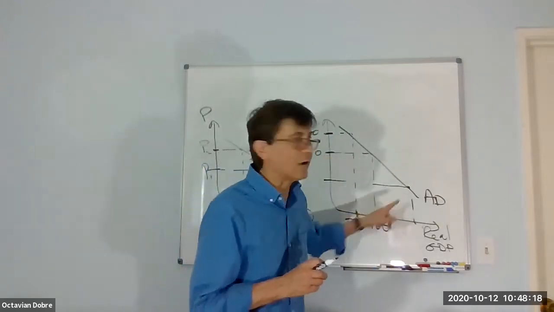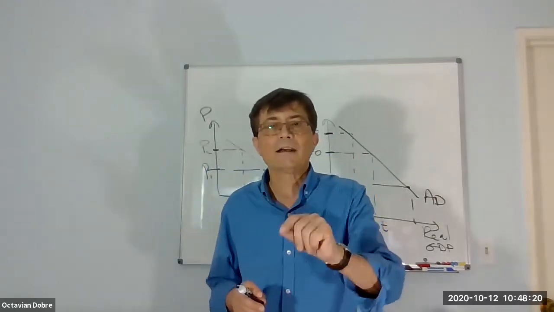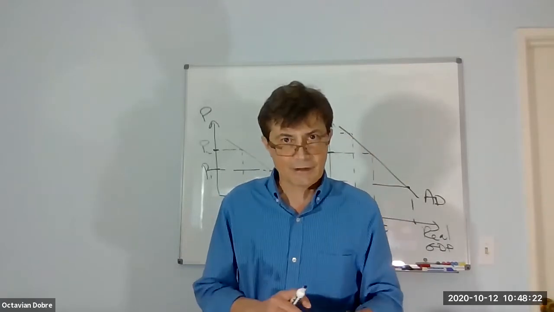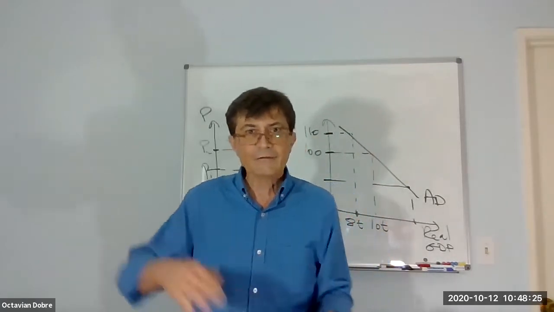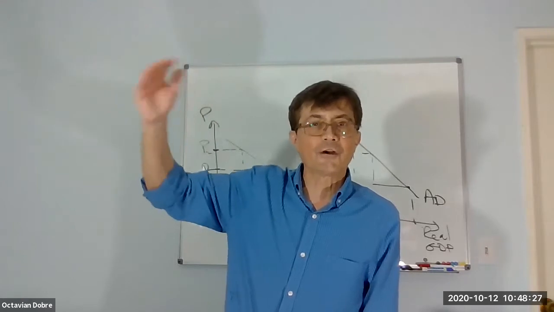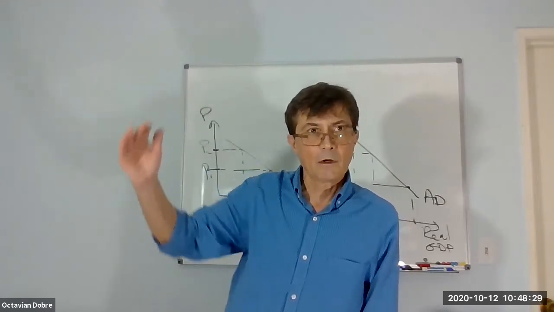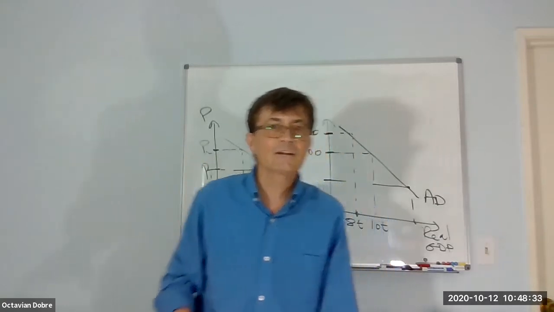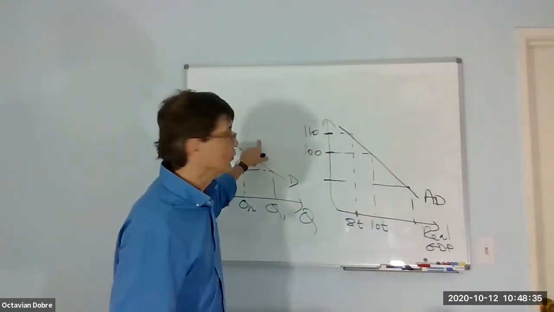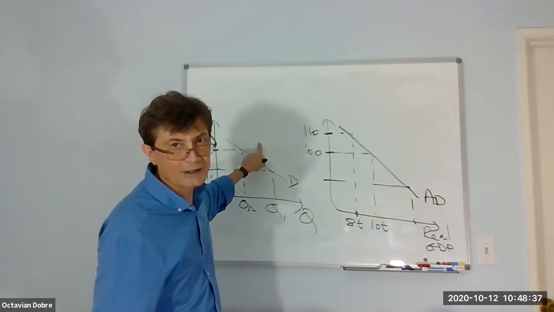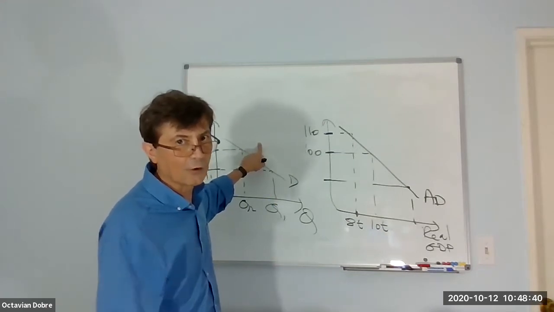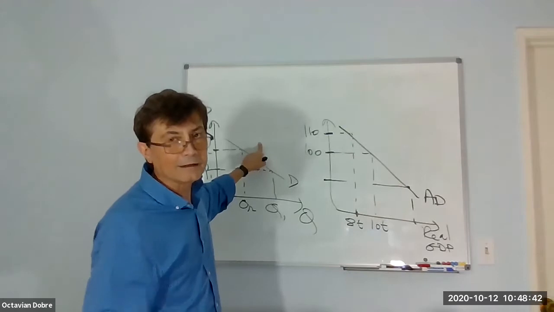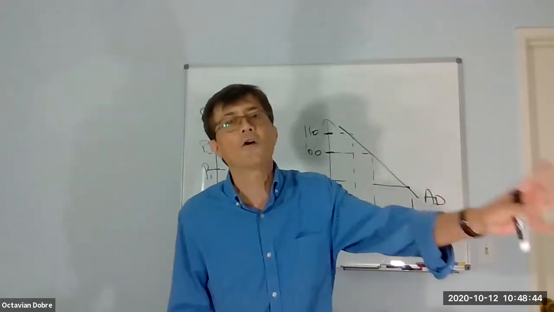Here, when we talk about the quantity demanded for all goods and services, if the price of all goods and services goes up, one of the reasons that we purchase less is going to be very similar to one of those effects here, either the substitution or the income. But the other one disappears. The other one is no longer valid.